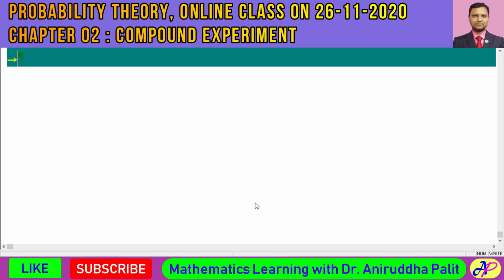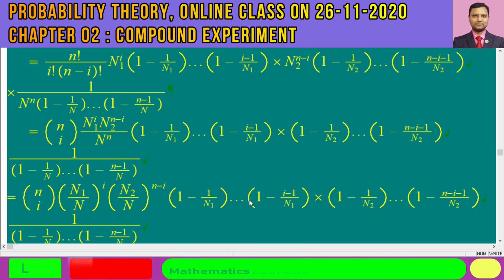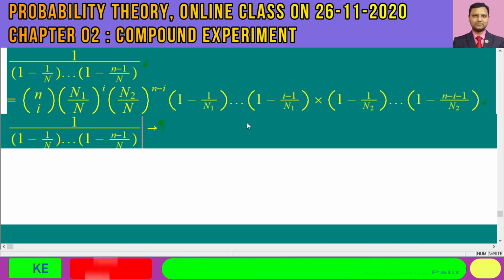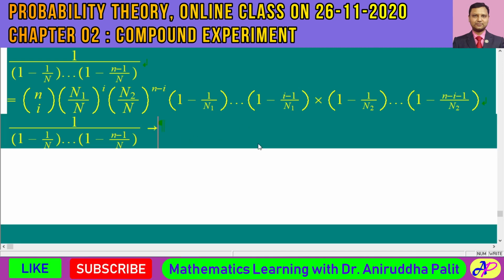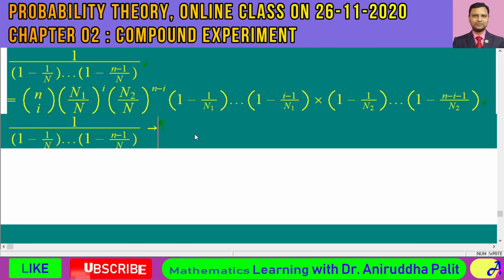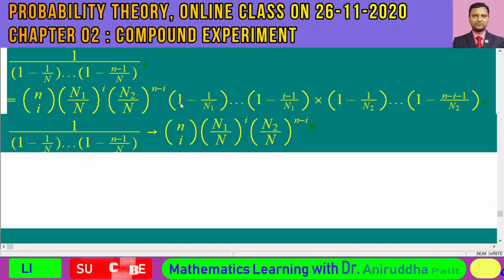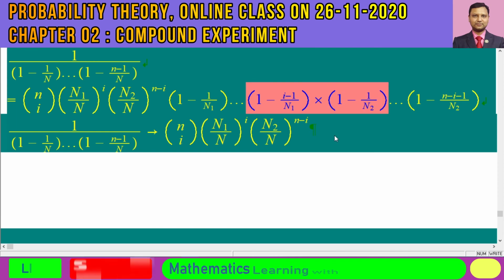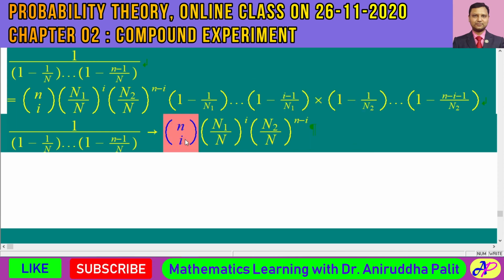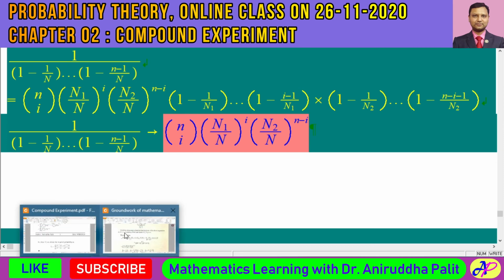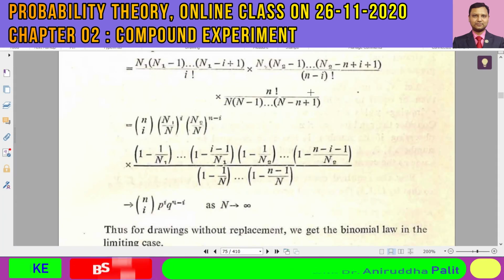Then what we have, if we take the limit as n tending to infinity, we actually have the result that this converges to the result, and the remaining expressions, these factors are all equal to 1. So that is actually our result in case of the drawing with replacement.